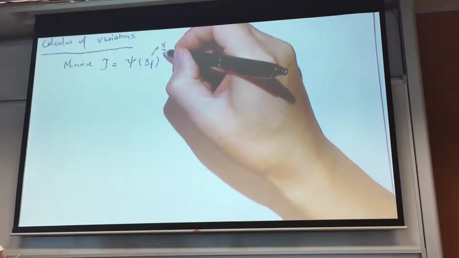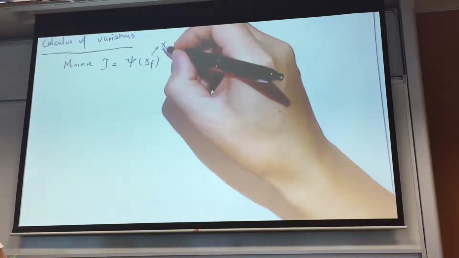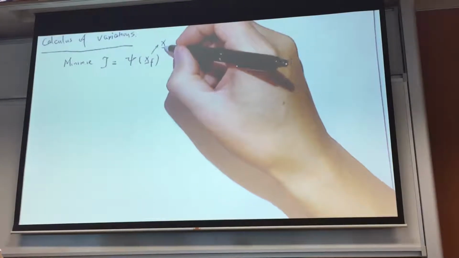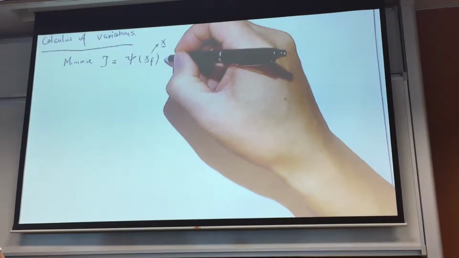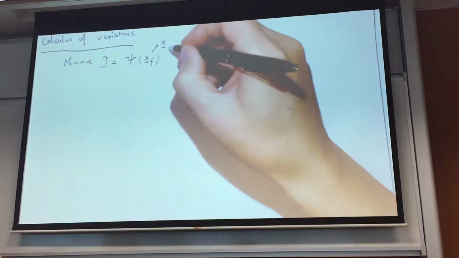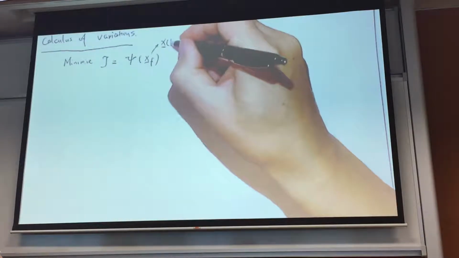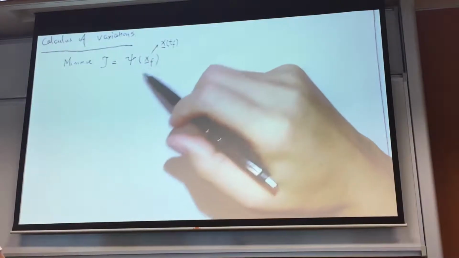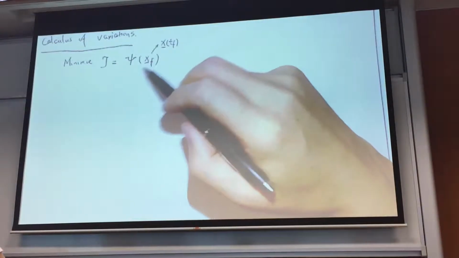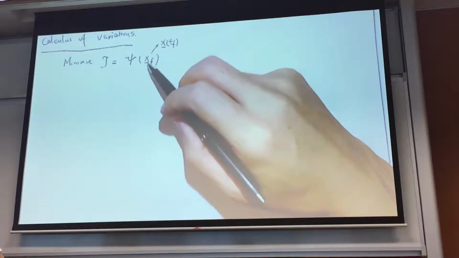You know it's a state vector. It's not only the location, but could also include location and velocity, etc. So it's the state vector at the time of t_f. So this function psi is purely a function of the final state.